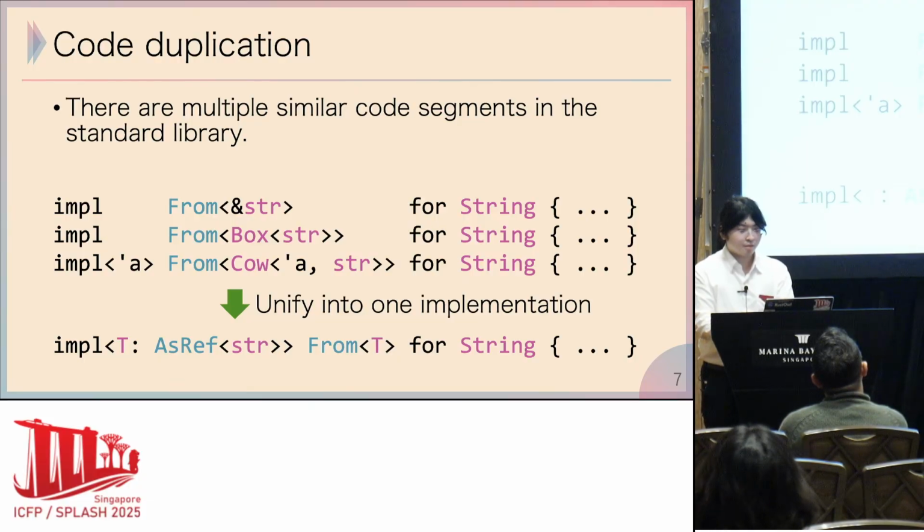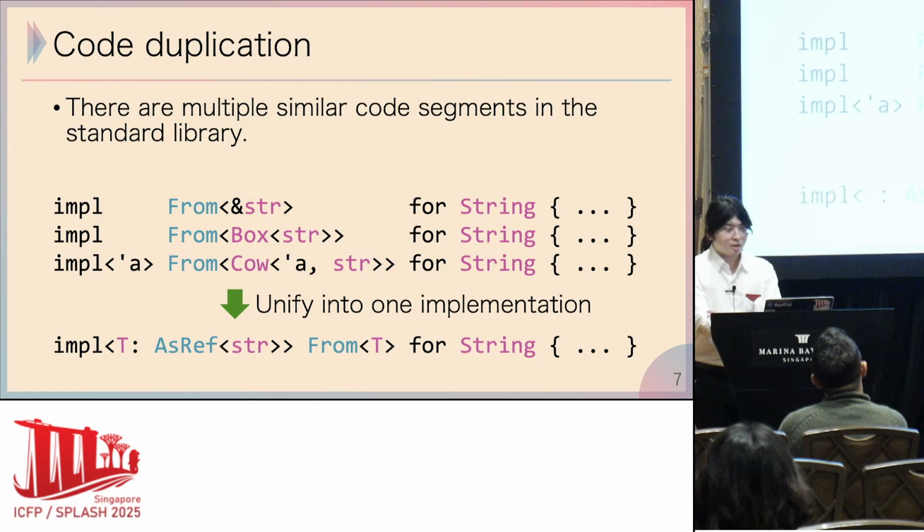Cow<str> is a primitive string with clone-on-write semantics. We assumed that these implementations could be unified into one implementation using the AsRef trait, which represents types that can be used as references to a specified type.